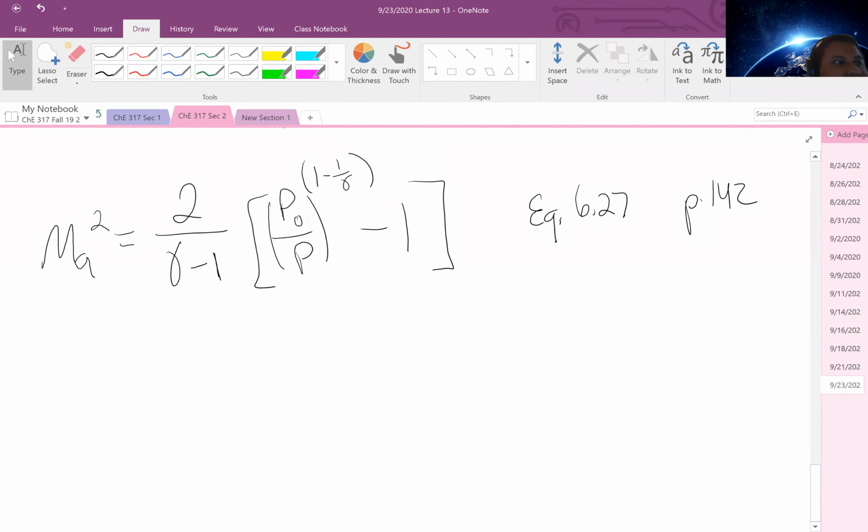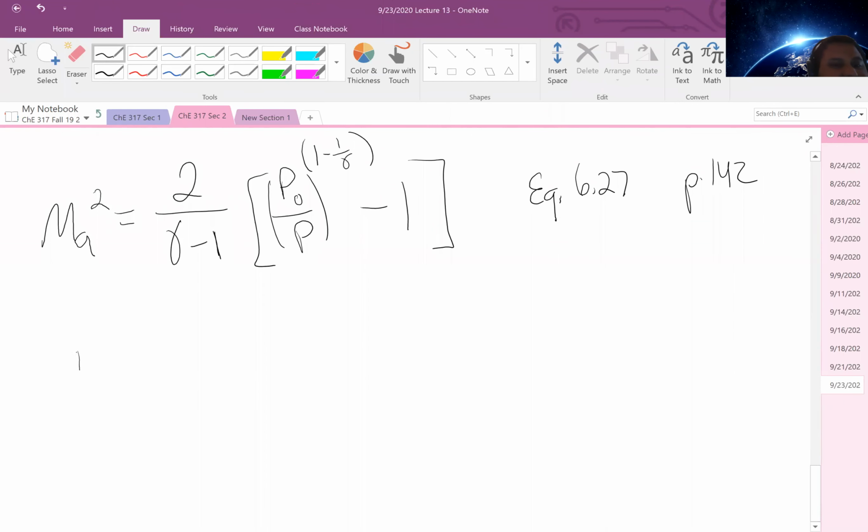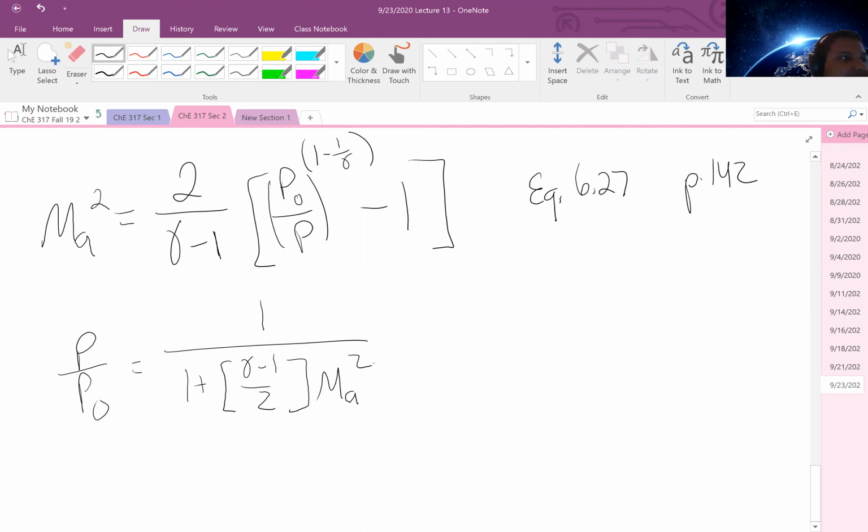And then a final expression, rearranging to solve for P over P naught. We have 1 divided by 1 plus gamma minus 1 over 2 times the Mach number squared.